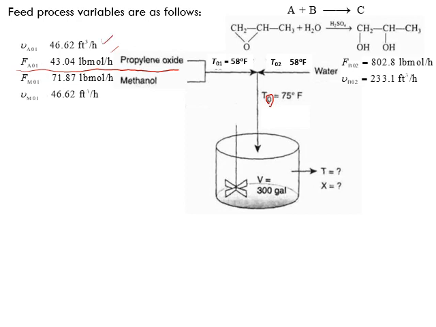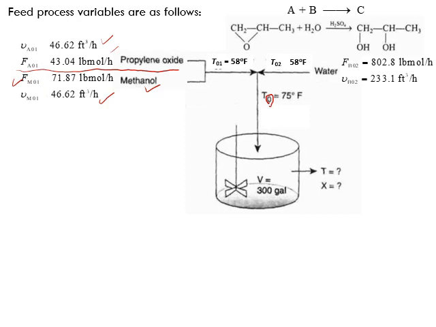Then we have the other stream, which consists of methanol, coming into the system with this volumetric flow rate, which corresponds to this molar flow rate, which you can find by using the density and then the molar mass. So this is stream 01.